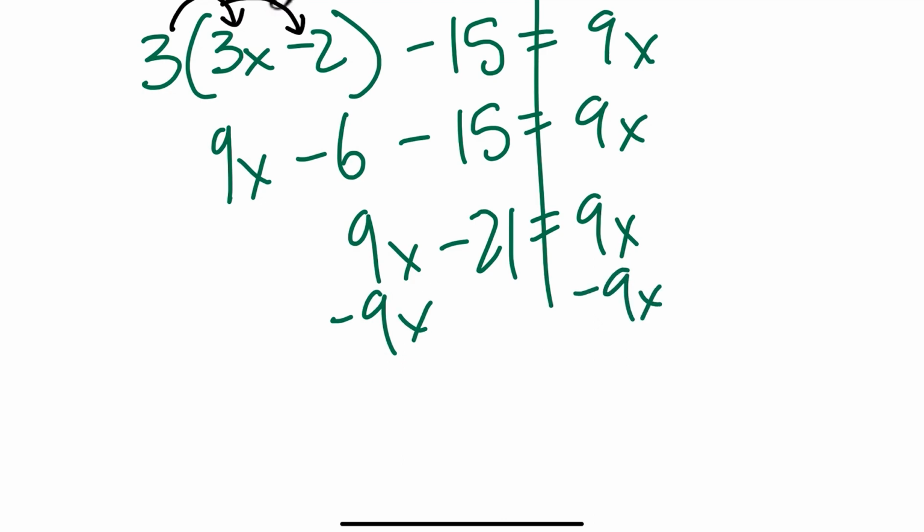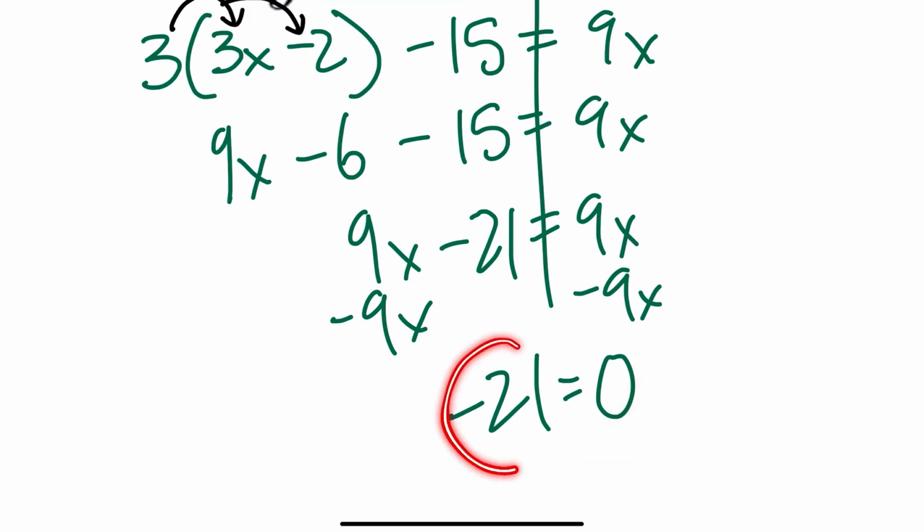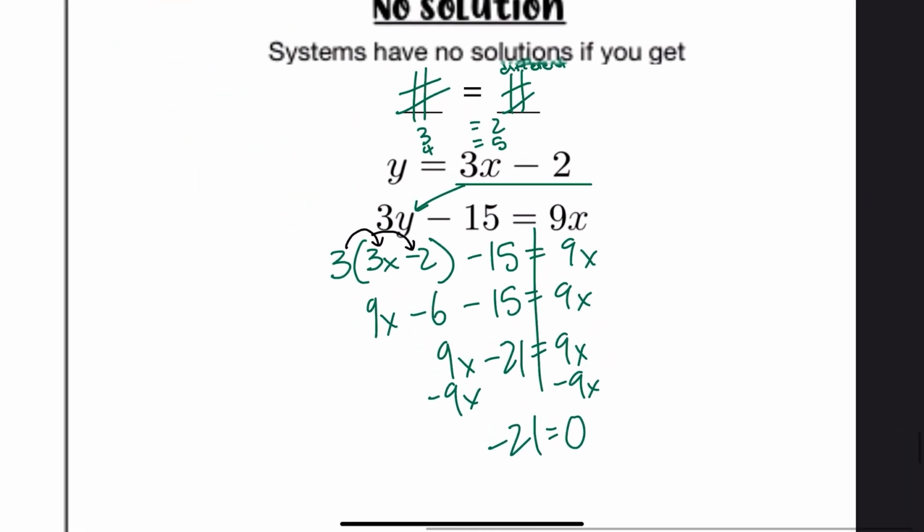Okay. So then we're just left with negative 21 equals, same thing happened. We got 9x minus 9x, so that's going to be a 0. Okay. These are two different numbers. We have a negative 21 and a 0. These two are not equal to each other. They are not equal. So that means we're going to have a no solution here.